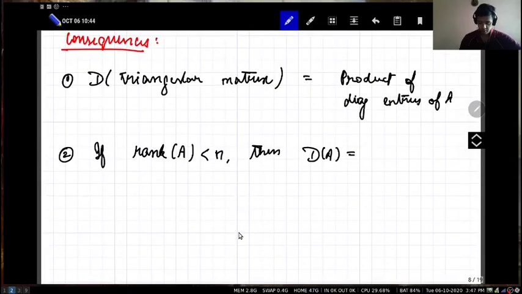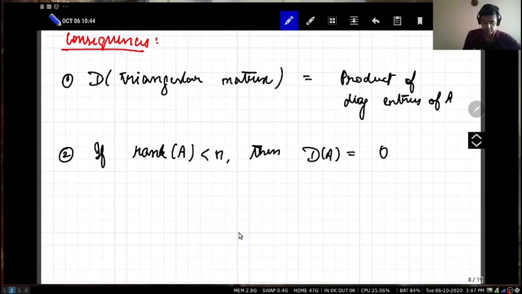And what happens if the rank of A is less than n, then what is D of A equal to? For a square matrix, for an n by n matrix A, D of A is equal to 0, because the echelon form gives you 0 rows, so there is one diagonal entry which is equal to 0, and therefore D of A is equal to 0.